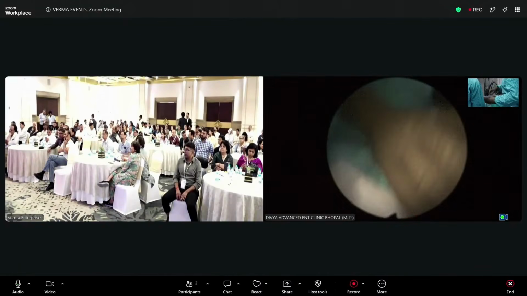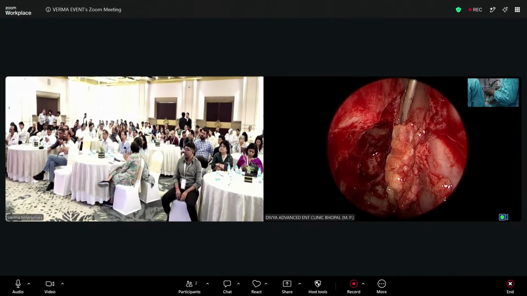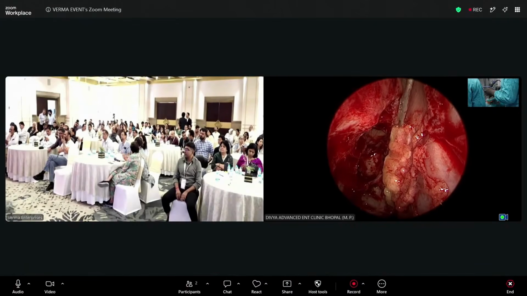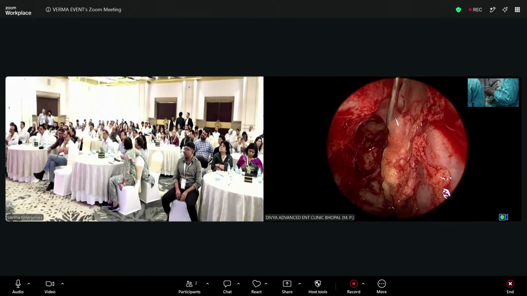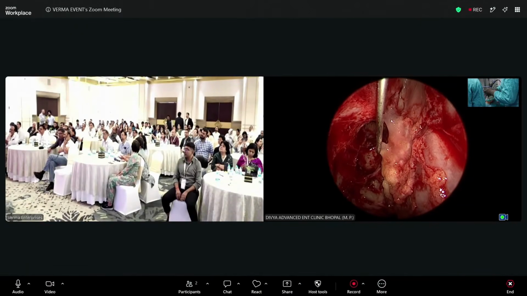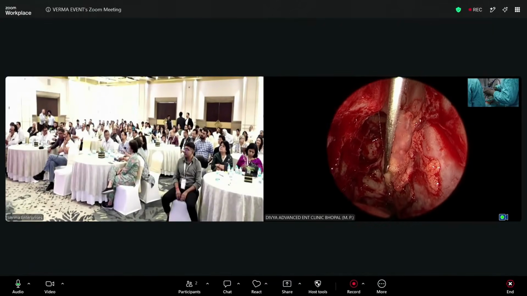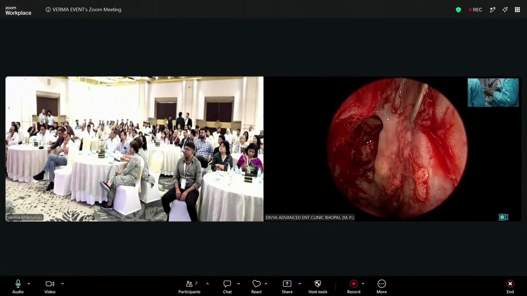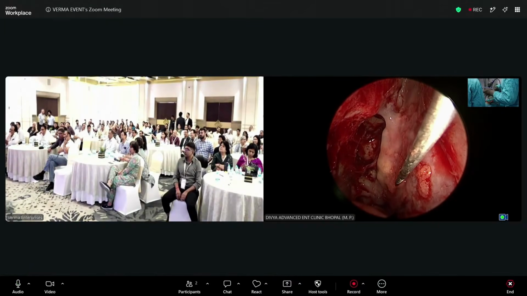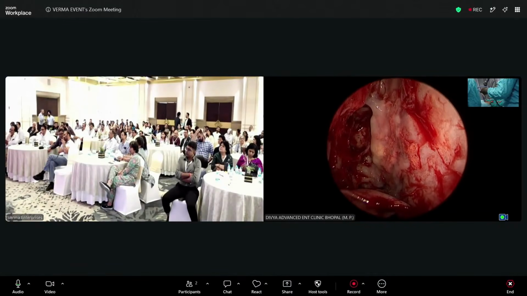Now see, this is my tissue glue. This is just to keep this flap at margins all around and inducing the fibroblastic reaction.